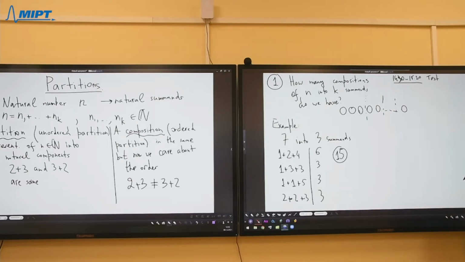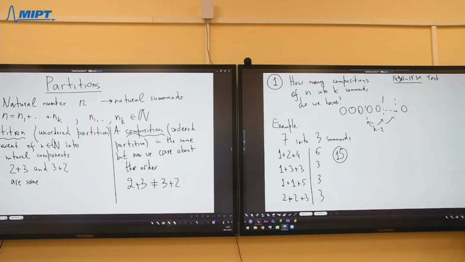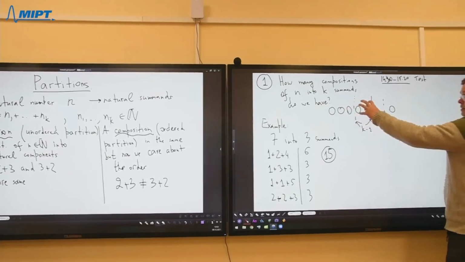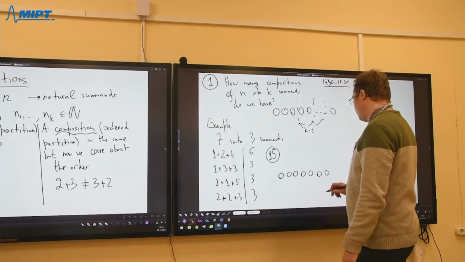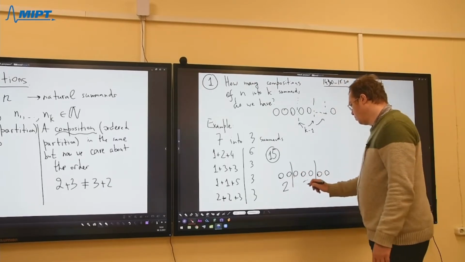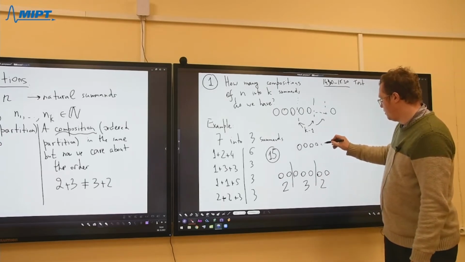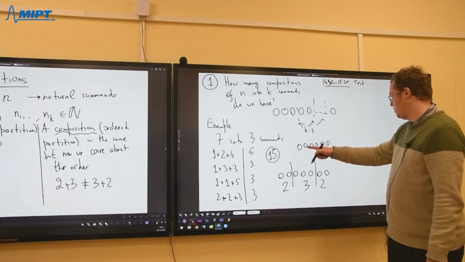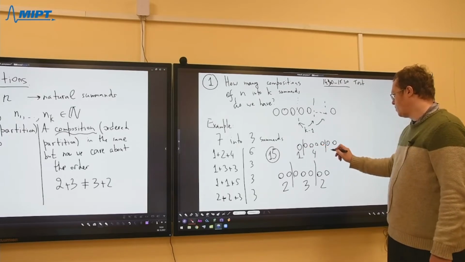We need to choose k minus 1 delimiters between them. Then we break them off, and the first part will be the first summand, then the second, and so on. For example, if we have 7 balls, we can do this and this, and we'll have 2, 3, 2. So this is one decomposition. If we move them, for example here and here, we will have 1, 4, 2, and so on.